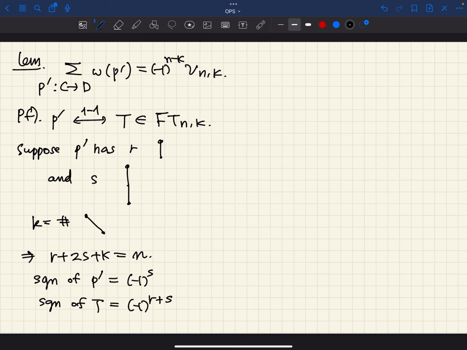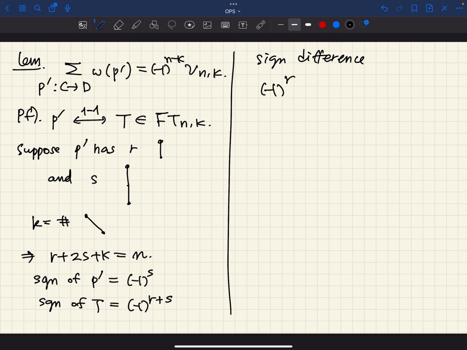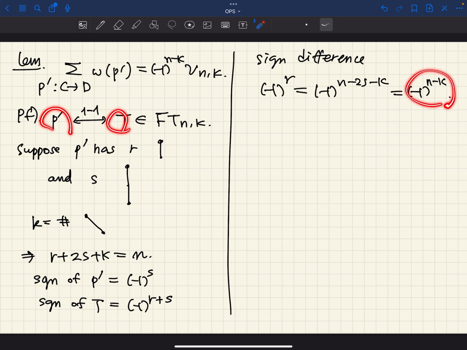If you think about them, what is the difference? The sign difference is minus 1 to r, since s is common. But r using this formula is n minus 2s minus k, so this is minus 1 to n minus k. So the weights are the same between this and this, only the sign differs by this. So that's why we multiply this. That's the proof.